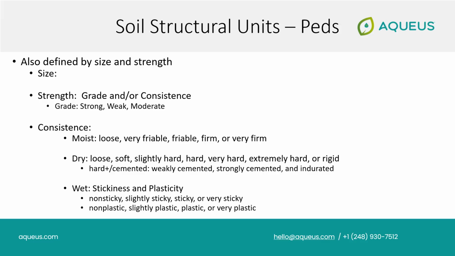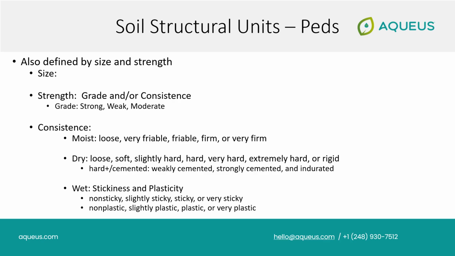We can talk about these peds and define them in terms of their size and strength. We'll cover size on the next slide. By strength, we look at grade or consistence. The grade is such things as strong, weak, or medium, or moderate.